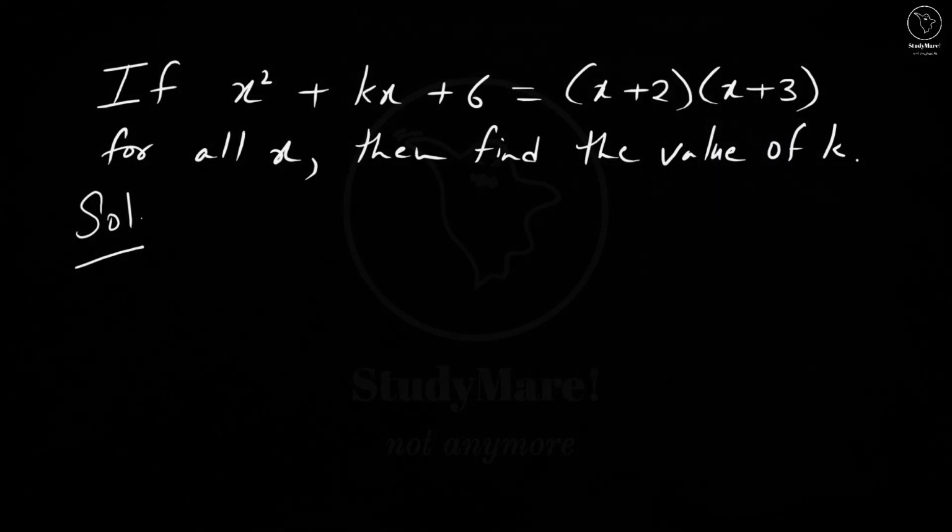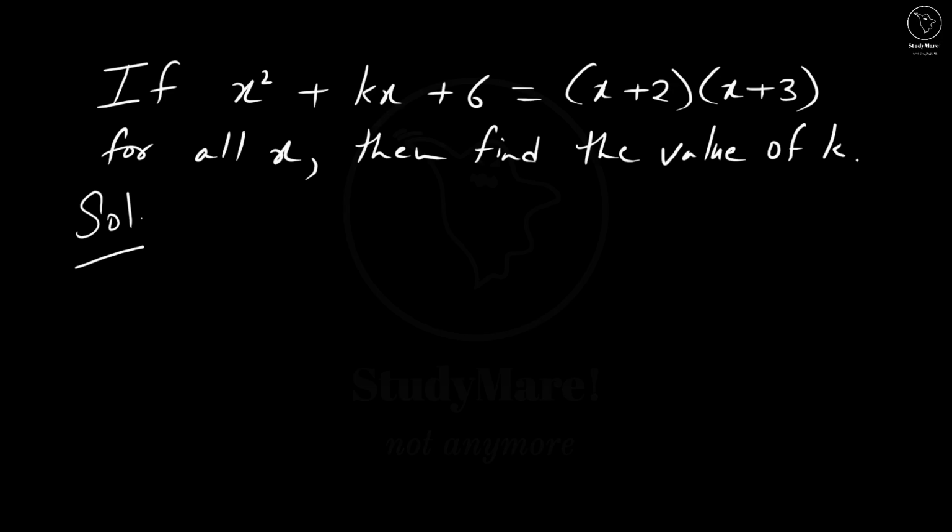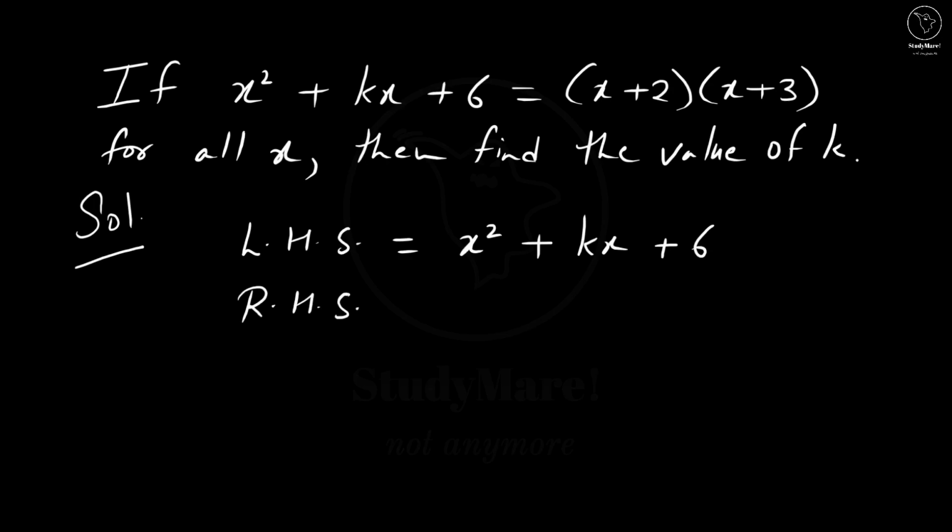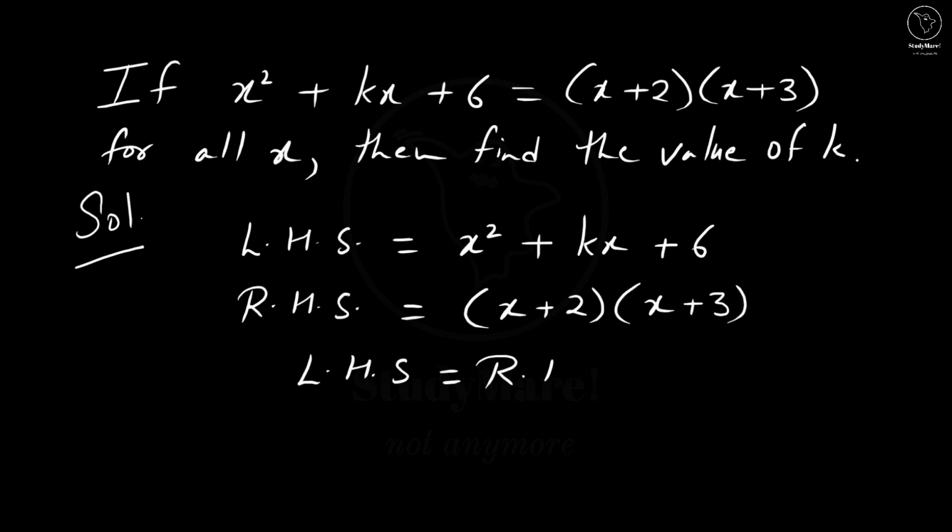In this case, we have LHS, which is equal to x square plus kx plus 6, and on RHS we have x plus 2 into x plus 3, and this LHS is equal to RHS, that is given.